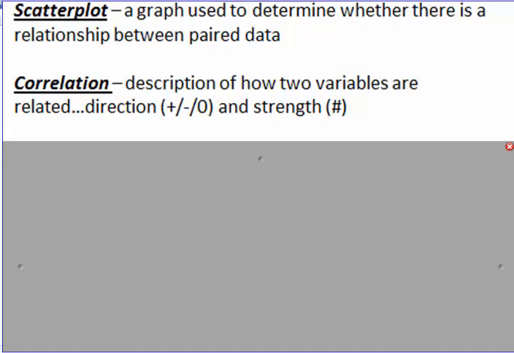So your scatter plots were much closer to a straight line than my scatter plot. My scatter plot is a little more spread out up here. This one would have a smaller number than the one you guys have. But we don't have to worry about the number piece. We're just worried about, is it positive, is it negative, or does it not look like there's any correlation? So this is going to be our area of focus right there.